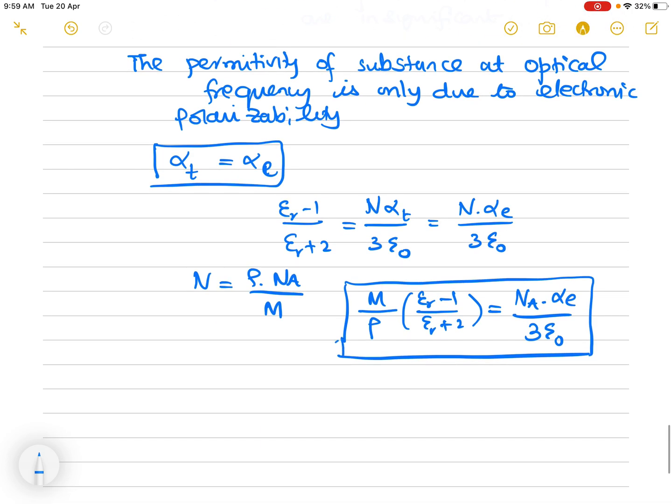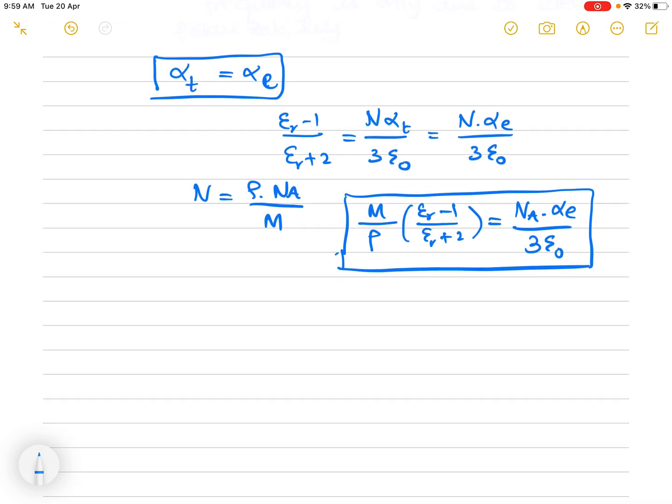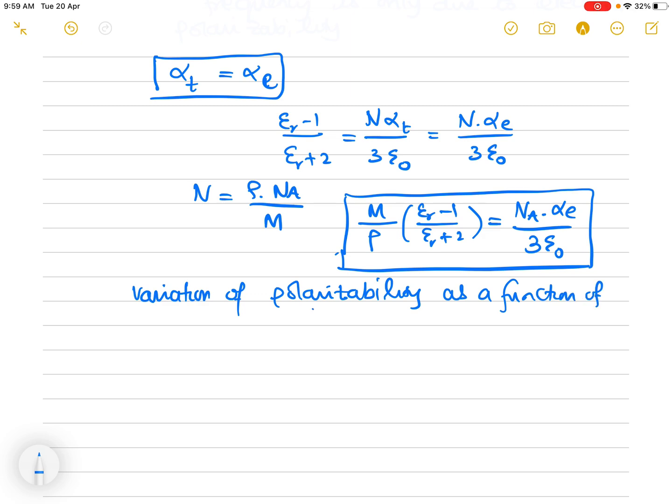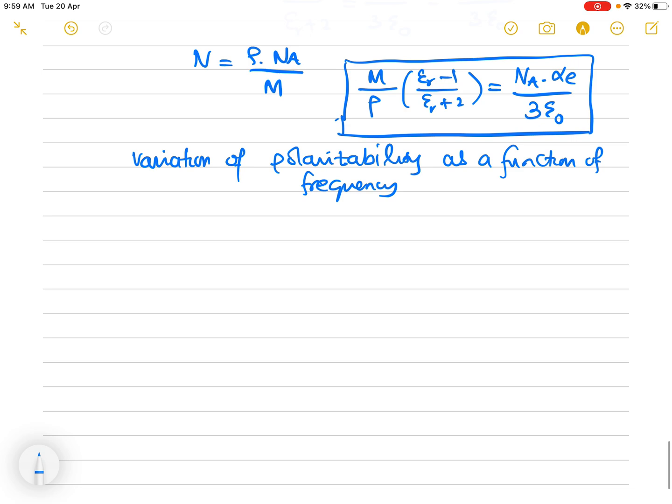Now we look at the variation of polarizability as a function of frequency. When the frequency is in the microwave region, we see the dipolar polarizability dominant.